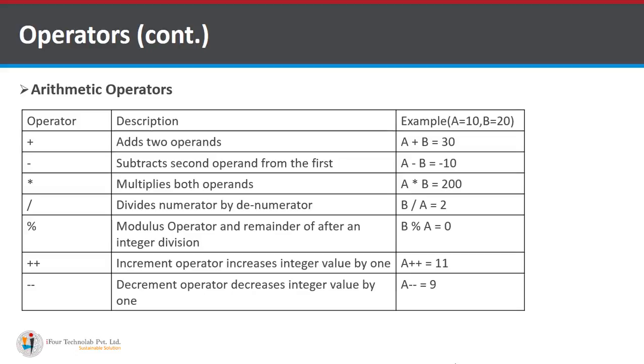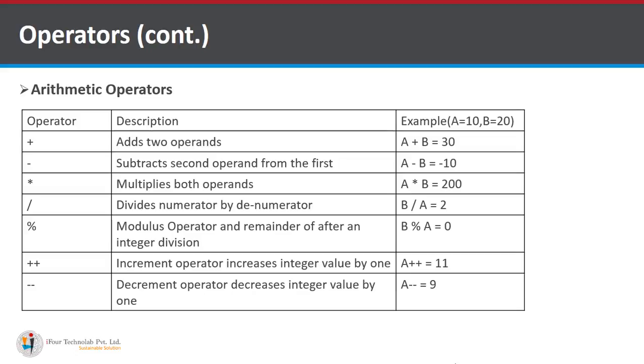The third one is asterisk, which multiplies both operands, that is a into b will give 200. The fourth one is divide, which divides numerator by denominator, that is b by a will give 2. Modulo is the modulus operator, which gives the remainder after an integer division. So b modulo a will give 0.